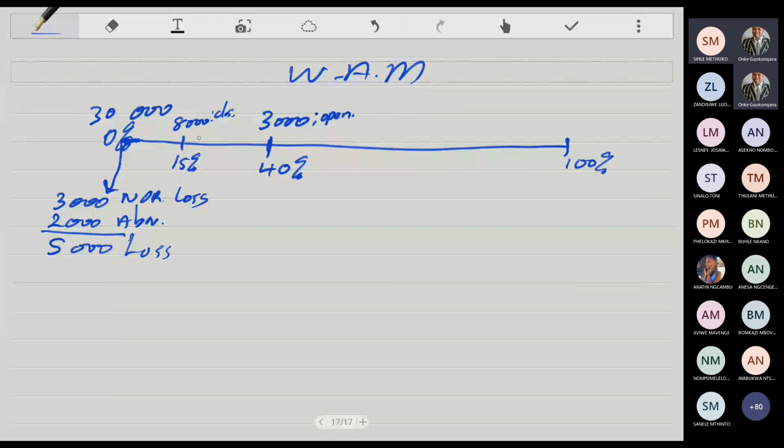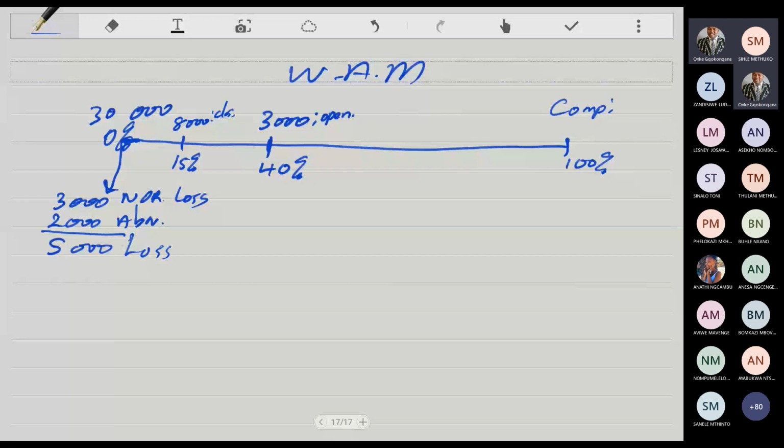That's what it means. But we also need to establish how many units we have in our completed units. We've got 30,000 units that we started the production with. Let's take out the normal loss of 5,000. That left us with 25,000. We started our production. Look at 15%, what happened? At 15%, we said that we can carry on with 8,000 units.